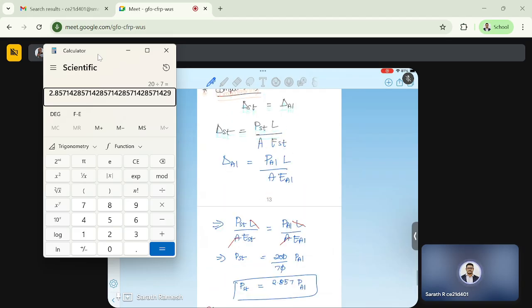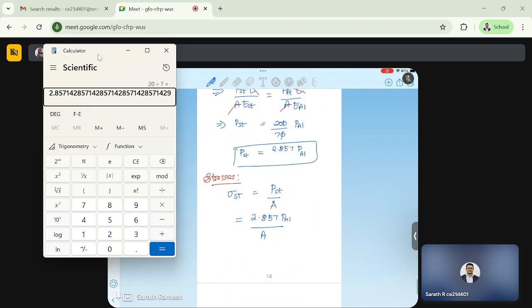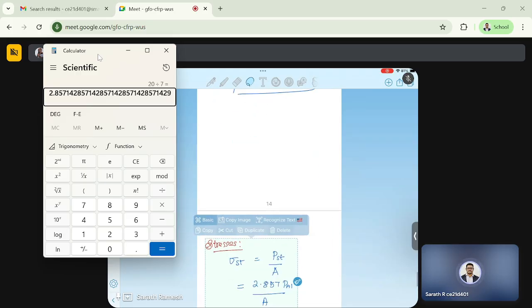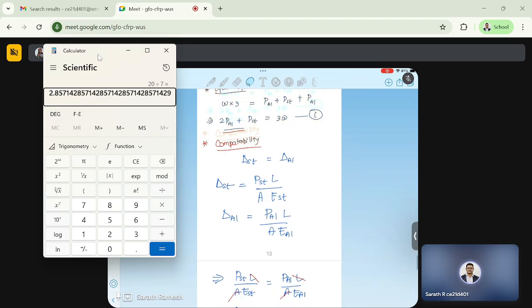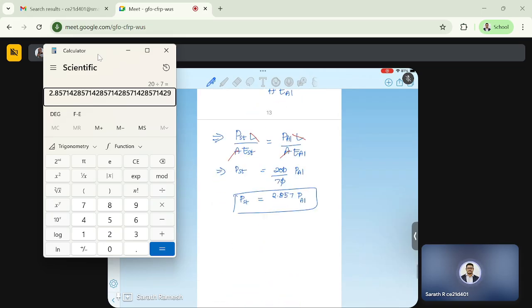Can we substitute this and write in terms of W so that it will be easy for us to substitute everything back? This we will use in a while. Before that, I'm going to substitute this into the equilibrium equation. Assume this is equation 2, and the equilibrium equation is 1.